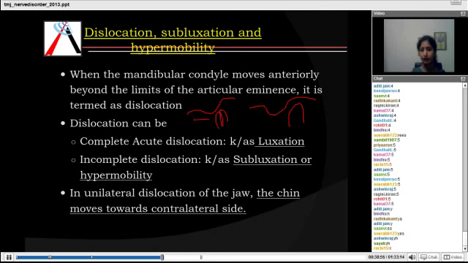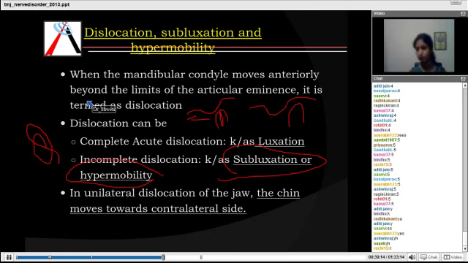It may not have completely crossed the barrier like in a dislocation. So subluxation is a partial dislocation and it is also known as hypermobility. Okay? Both the terms are the same. So don't get confused because an MCQ may be asked on either of the two. Clear with what is complete and incomplete dislocation? Luxation and subluxation?